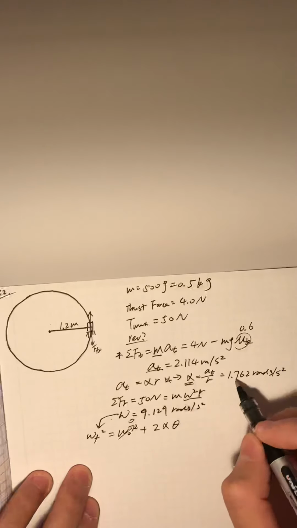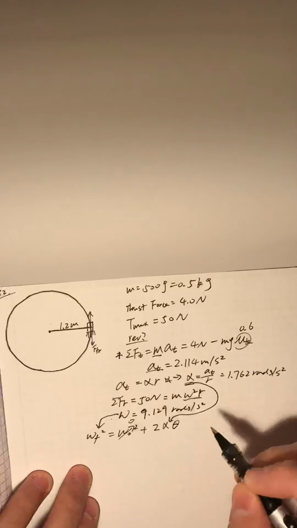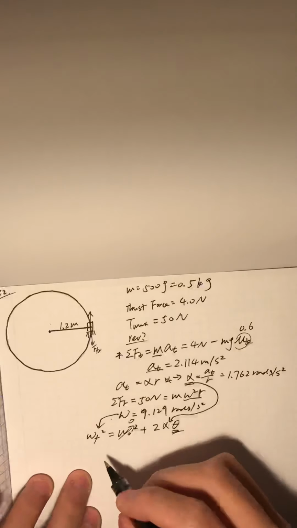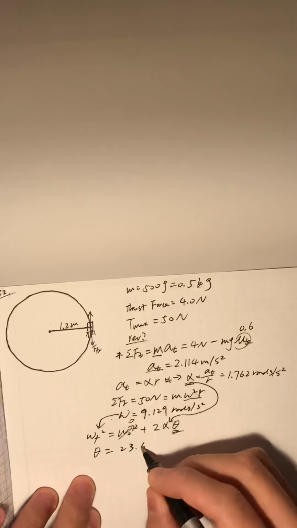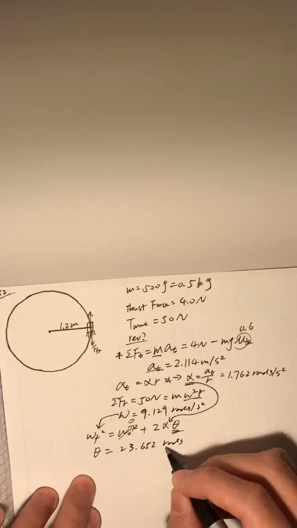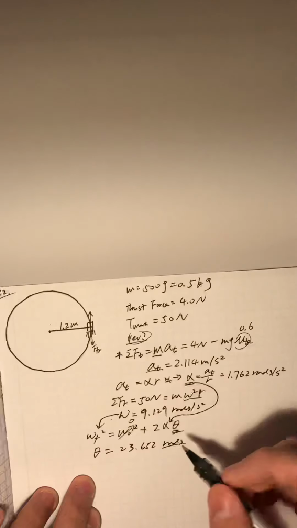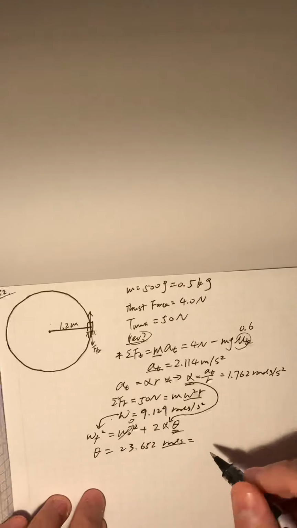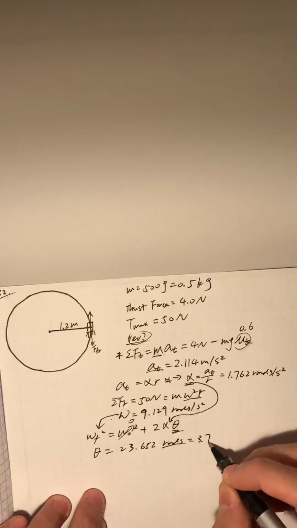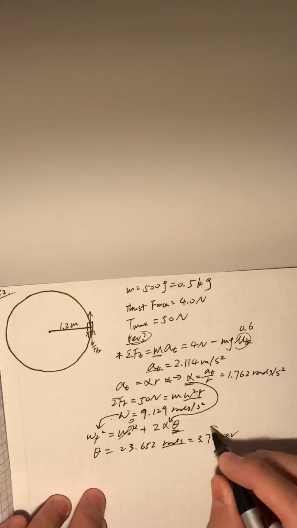We know the acceleration is here, and we're trying to find the distance traveled. So we find the angle equals 23.6 radians. It's asking for the revolutions, so we convert to revolutions by dividing by 2 pi. So it is 3.762 revolutions, and that's the answer.